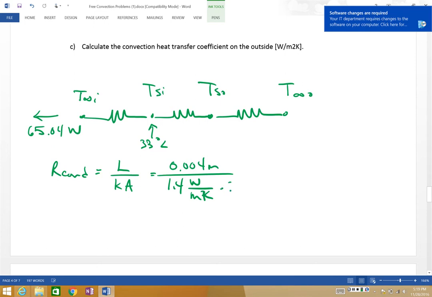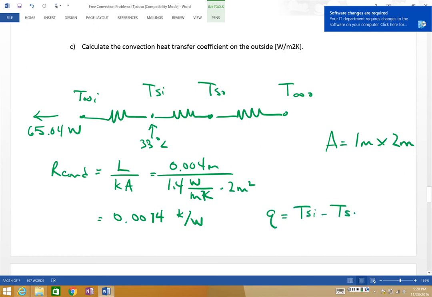And the area is 2 meters squared, because our window was 1 meter by 2 meters. So my conduction resistance comes out to be 0.0014 Kelvin per watt.